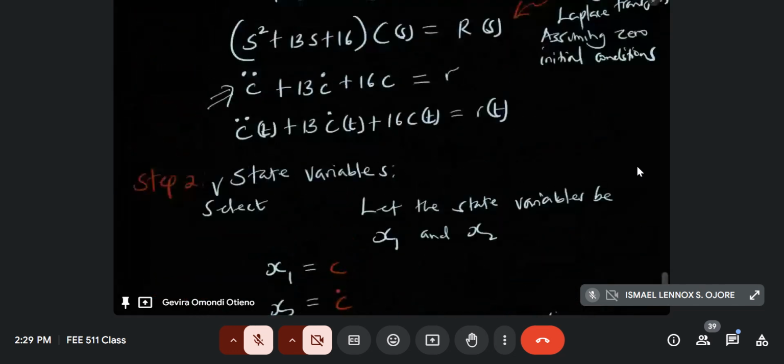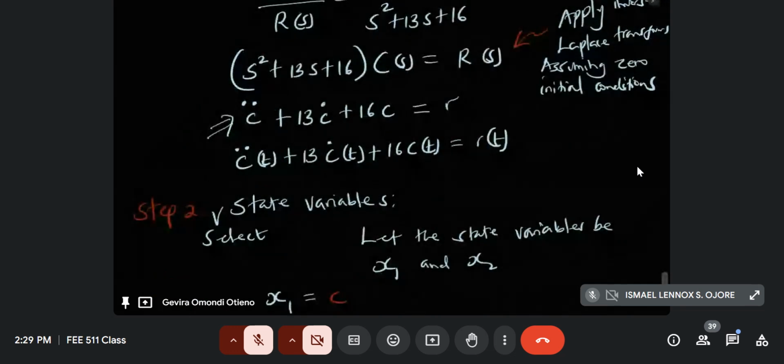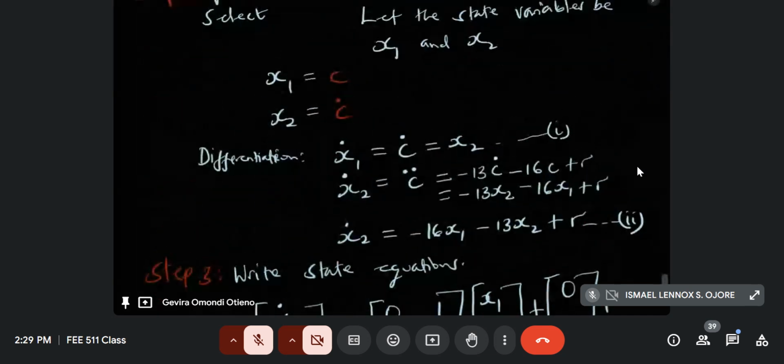I want to make it very easy, where we had indicated that Y, which is the output, should be equal to C, which is equal to X1.